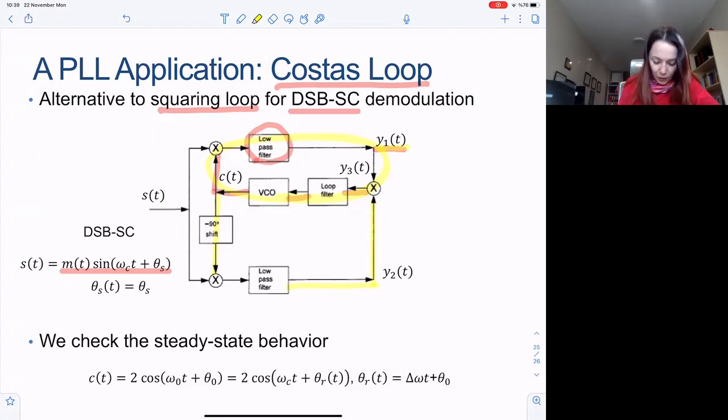Now, if you check the steady state behavior of this Costas loop, this signal C of t is twice cosine W0t plus some initial phase theta 0.